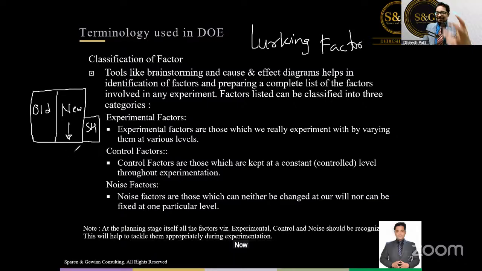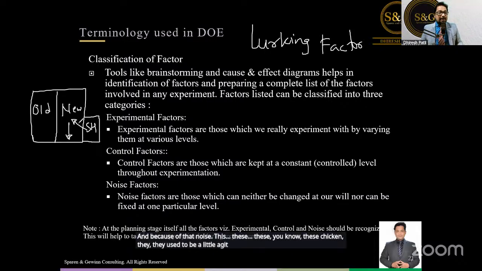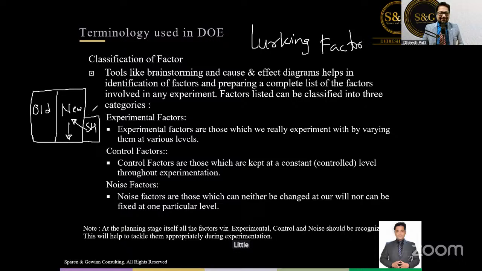It made huge noise, so it was a noisy area, and because of that noise the chicken used to get agitated and stressed, and they ran around in the new section. Because of that activity their weight was reducing, and so the location of the slaughterhouse is called a lurking factor.